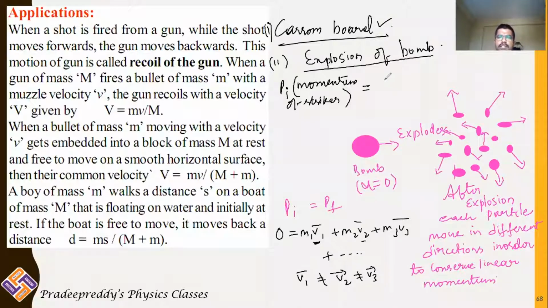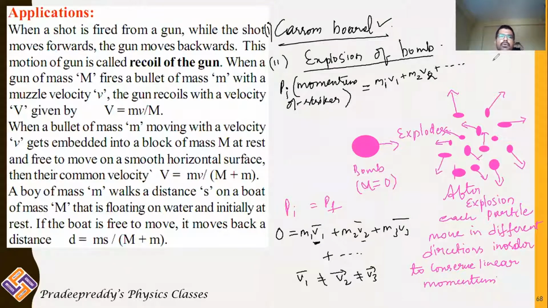Finally, all the coins go in different directions. So the mass of the first coin into the velocity of the first coin, plus the mass of the second coin into the velocity of the second coin, plus so on, this total should be equal to the initial momentum of the striker. So in order to conserve the momentum, all the coins will be spreading in multiple directions. Therefore, the net momentum of the system will be conserved.